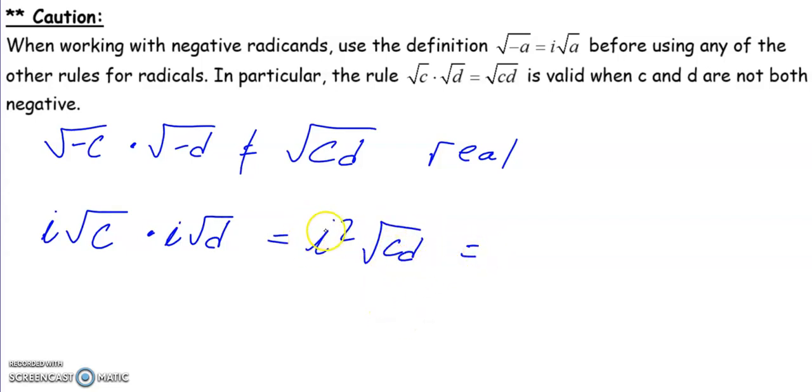And what we learned earlier is i squared is negative 1, times CD, or just negative CD. So notice, these answers are not the same. So do your i rules first.